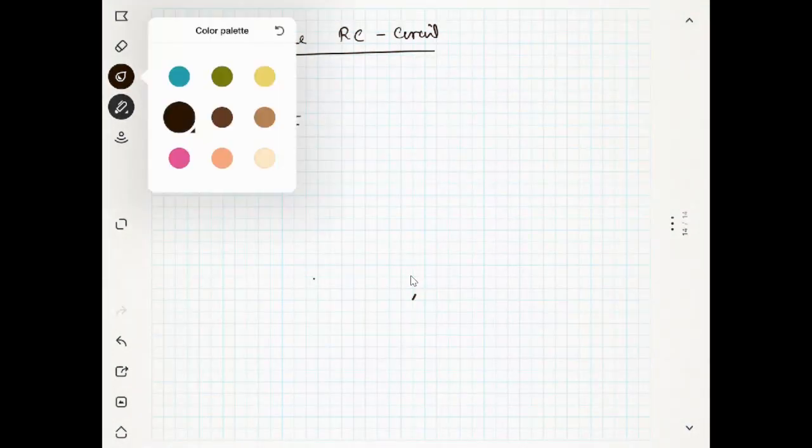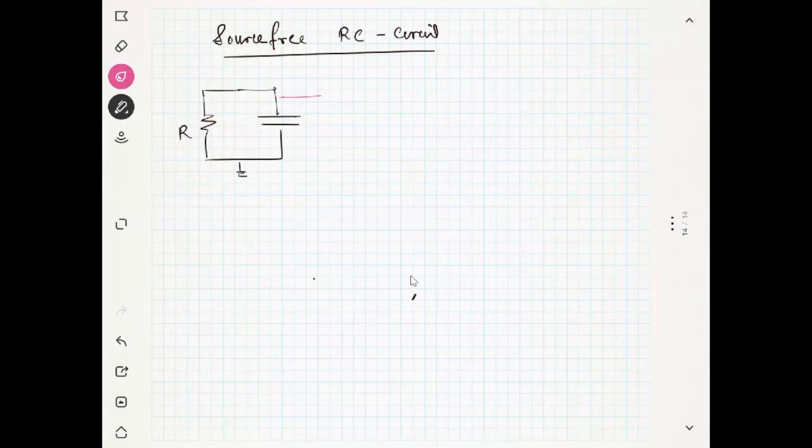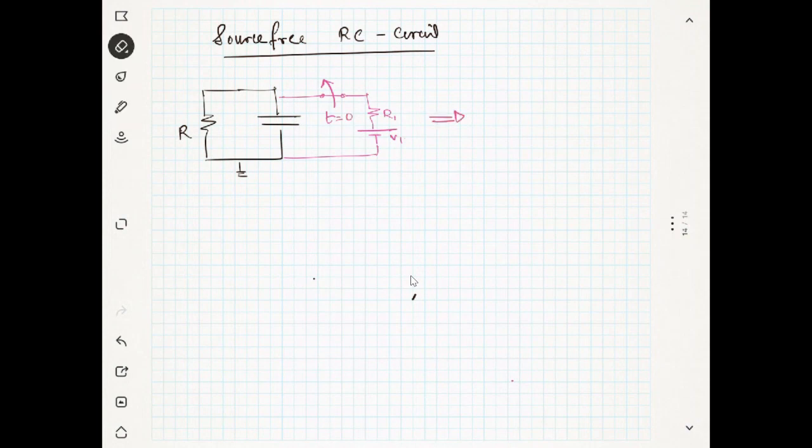First of all, you have to charge the capacitor by using a switch, some R1 and some voltage source V1. You are going to charge the capacitor, and at time t equal to 0, you open the switch, then your circuit becomes something like this.